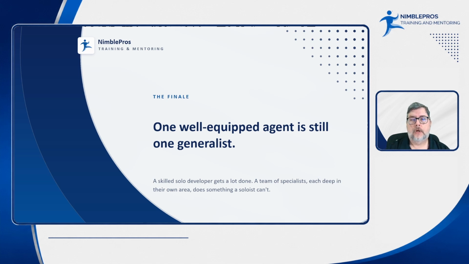And it's the same way with AI coding agents. You can have a generalist agent, and it does a lot of things pretty well, but it doesn't always do specific things very well. And if you can set up agents that are focused on specific things, they can do a better job at those specific items that you give them assignments to.